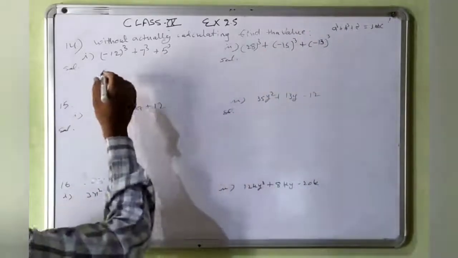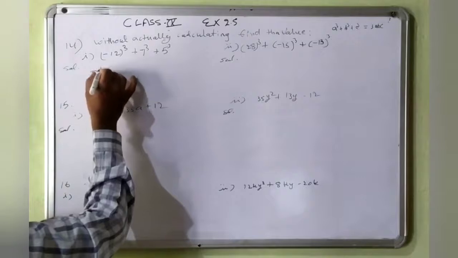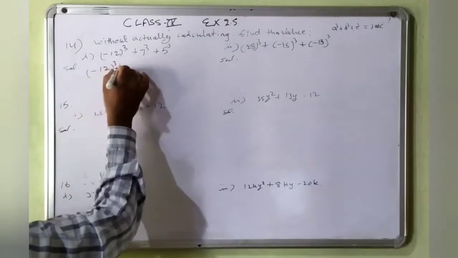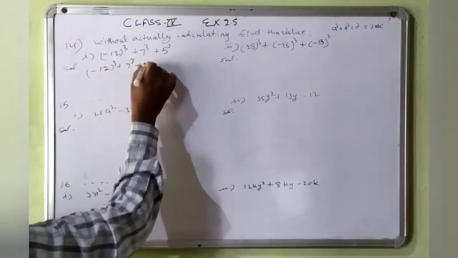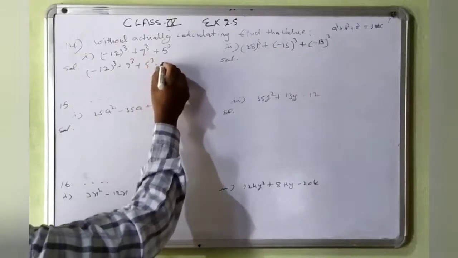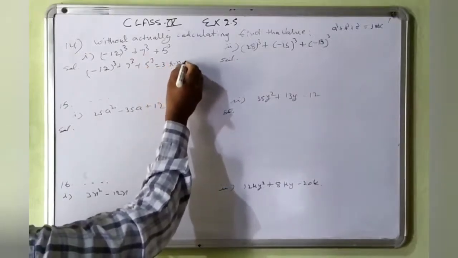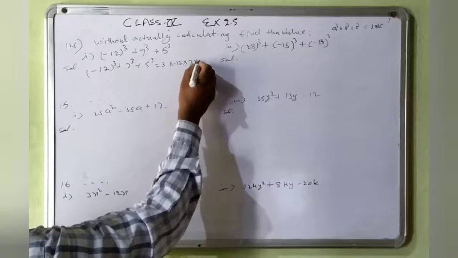So minus 12 cube plus 7 cube plus 5 cube is equal to 3 multiplied by minus 12 multiplied by 7 multiplied by 5.